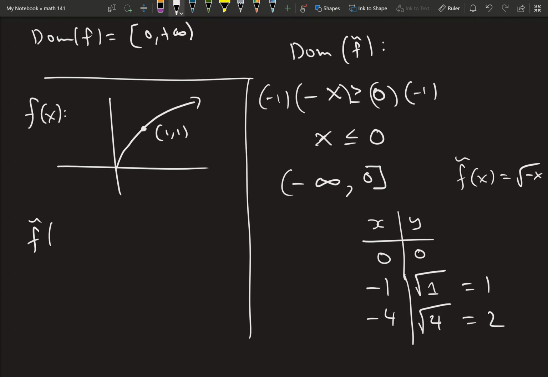For f tilde, what does the graph look like? Well, we have 0, 0. We have -1, 1, and -4, 2. So the graph is the same graph but flipped over. So these are reflections across the y-axis.